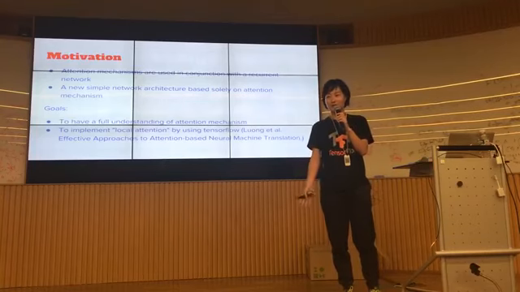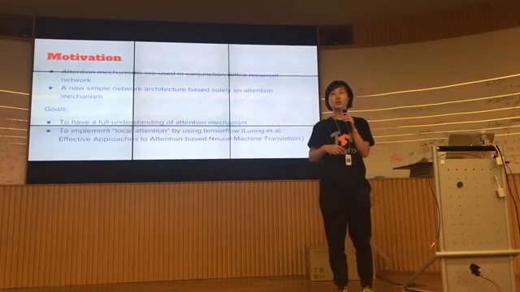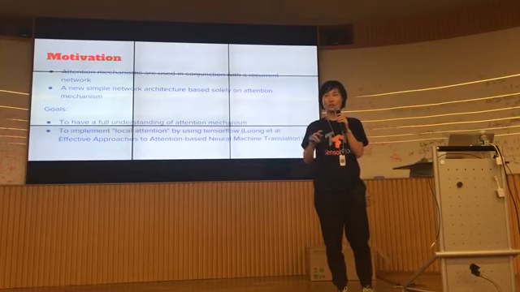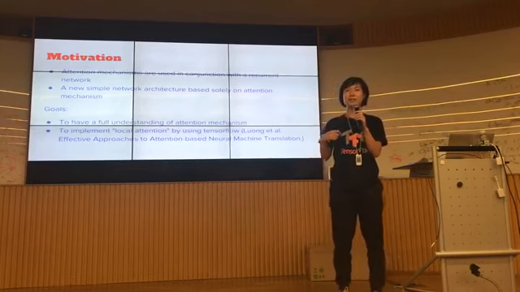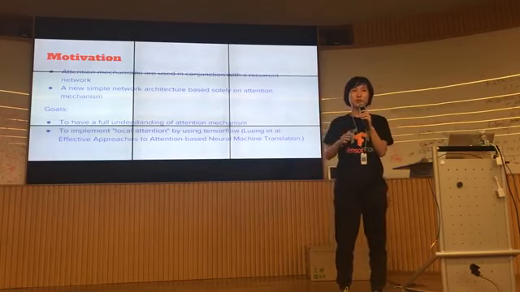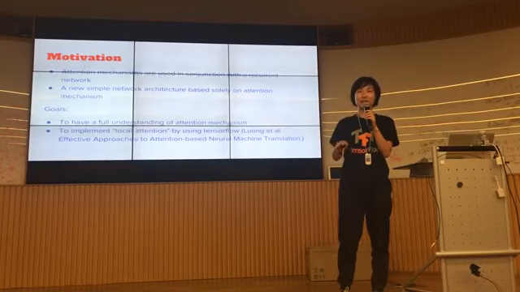As we know, the attention mechanism is used to improve neural machine translation by selectively focusing on just parts of the source sentence, not the whole source sentence. The BLEU score is improved by using the attention mechanism.